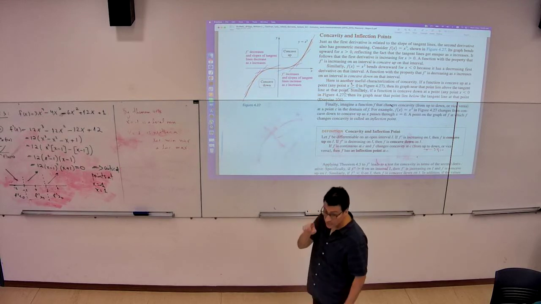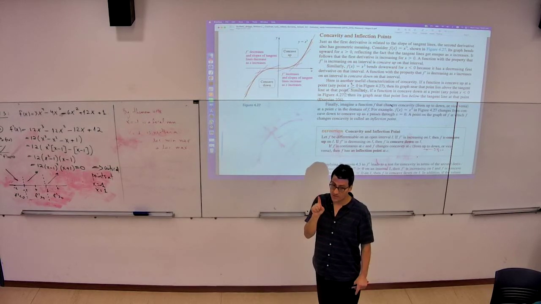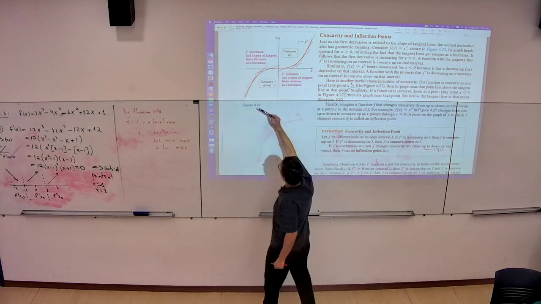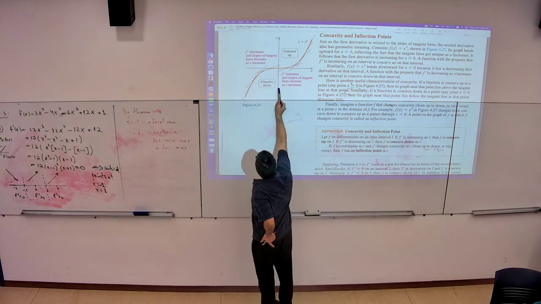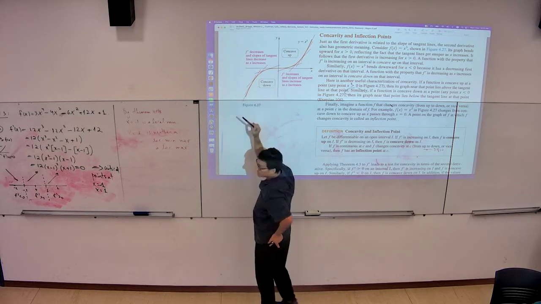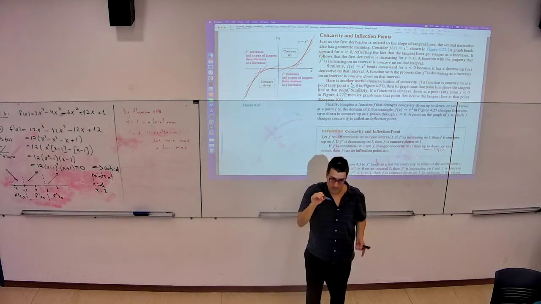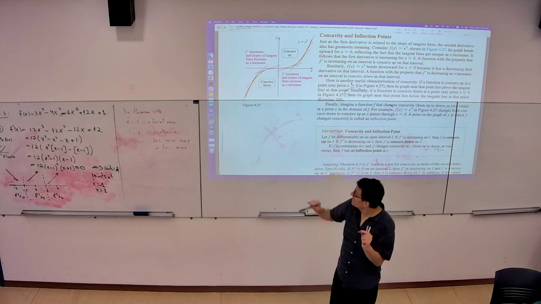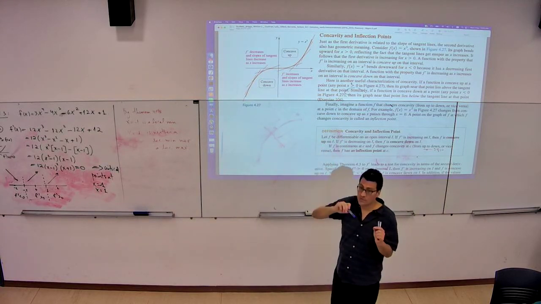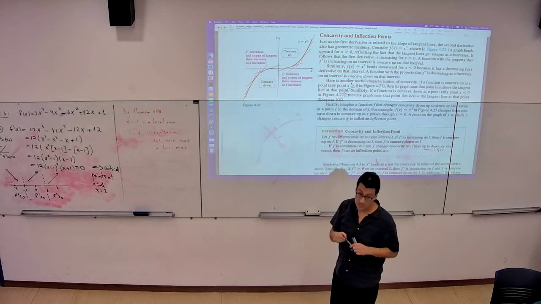The function is increasing at all times, right? It's an increasing function. So the function from negative infinity to 0, let's suppose that's 0, the function is increasing. At the point x equals 0, the derivative is 0 as well. Okay, so there's a critical point actually at x equals 0.